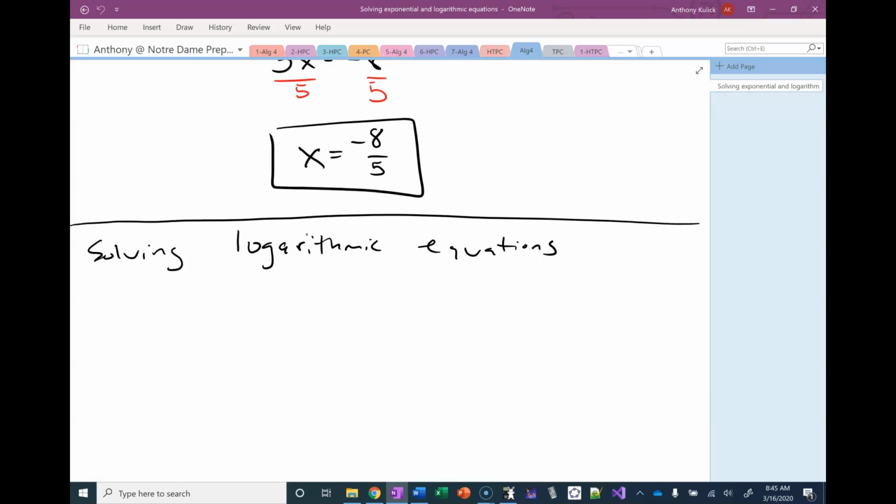And again, just like we did for the exponentials, we'll talk about each of the different types with examples and how to distinguish between the 3 different situations. The first situation is where you have exactly 2 logarithms that are equal to one another.